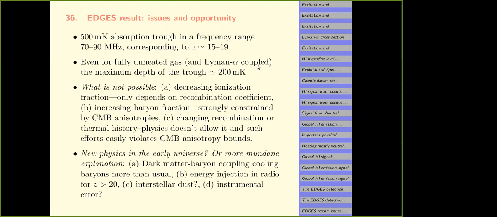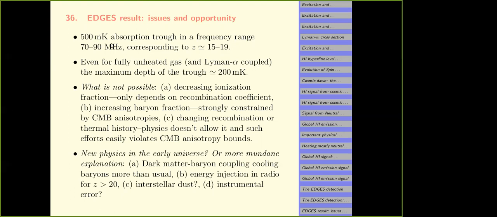Lyman alpha coupled gas will couple it back to matter temperature, right? That's what is needed. Remember, the CMB is hotter than matter at this redshift, something I've discussed in the last few classes. So the maximum depth of the trough was not expected to be more than 200 millikelvin. This was 500 millikelvin.